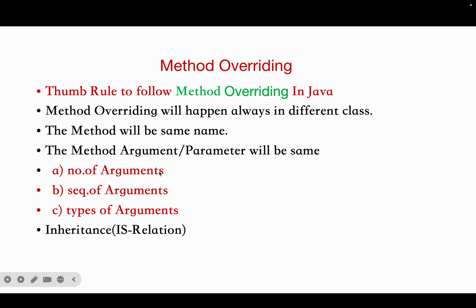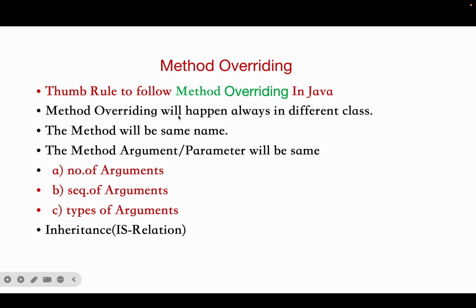You need to follow these three things if you perform method overriding. Then, last but not least, this is also an important thumb rule: you have to follow the inheritance concept, that is, a relationship. So you can see there are 4 thumb rules for performing method overriding.